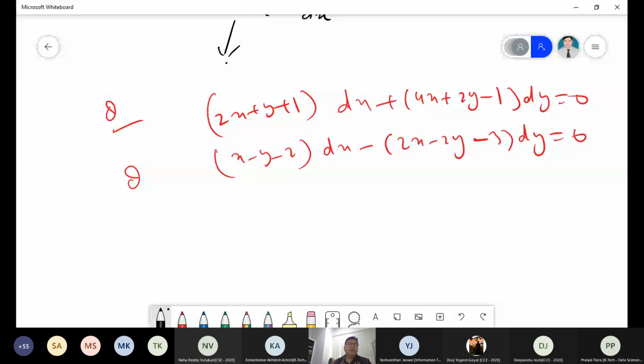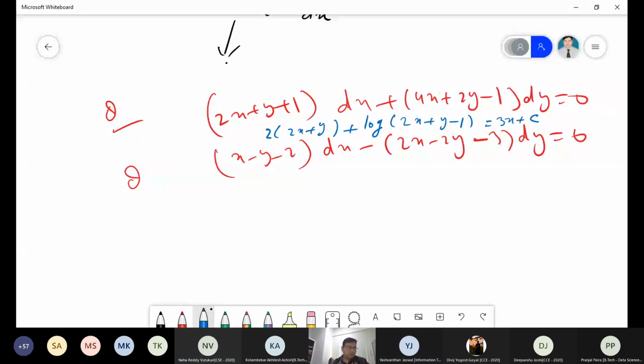Its answer is 2 into (2x + y), then plus log of (2x + y - 1), and this is equal to 3x + c. Have you got this answer? Yes, sir.